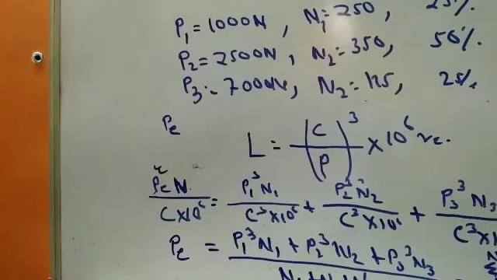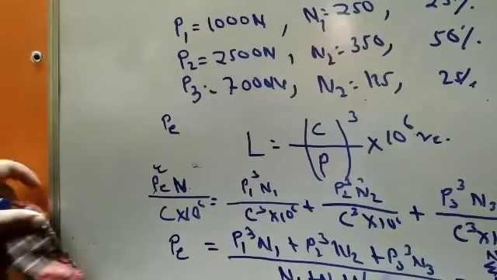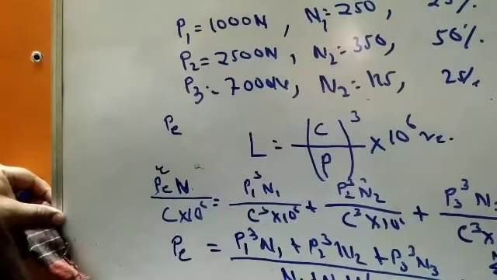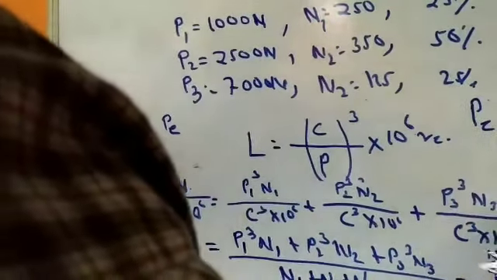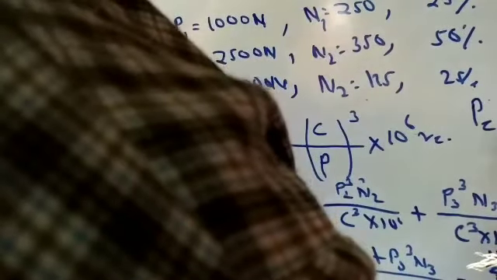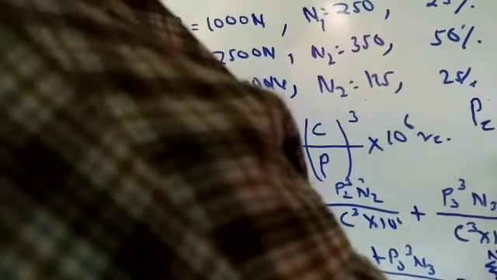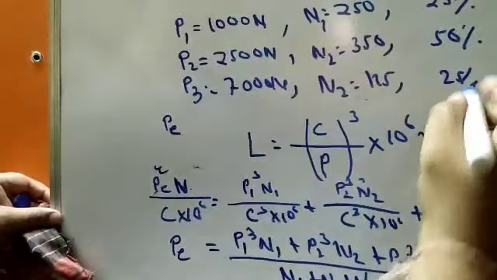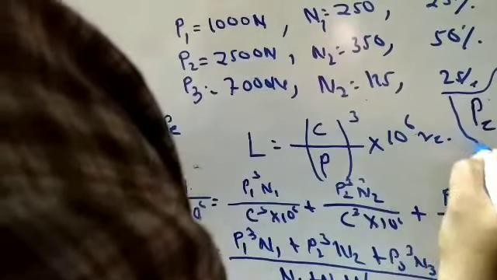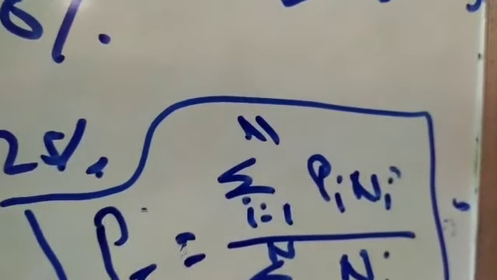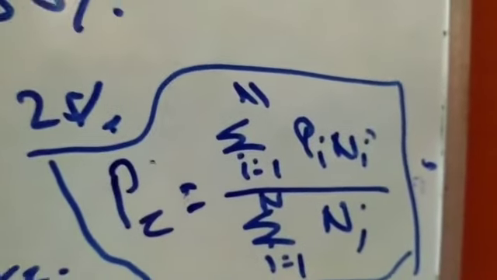This is for calculating the design for cyclic load and speeds. So this is basically the expression for equivalent load, which is given by summation of i equals 1 to n of Pi cube Ni, by summation of i equals 1 to n of Ni.